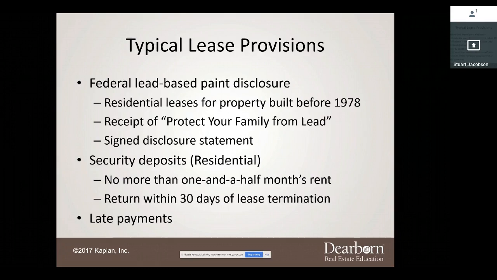A lot of landlords who are not in the know in regards to how to run a successful real estate rental income business might, and it could be innocent misrepresentation, be oblivious to the fact that they have to do that. Some landlords do it, like I said, unintentionally. So that's something you have to be aware of when you're advising and helping landlords in regards to collecting security deposits and advising them of such.